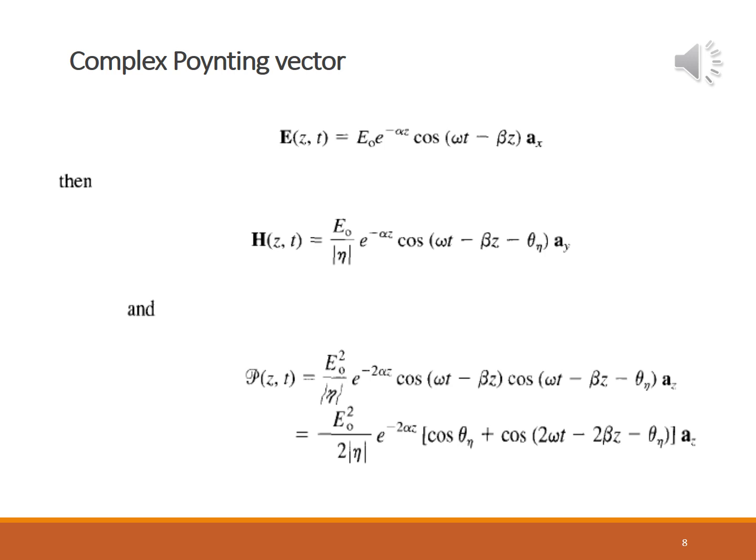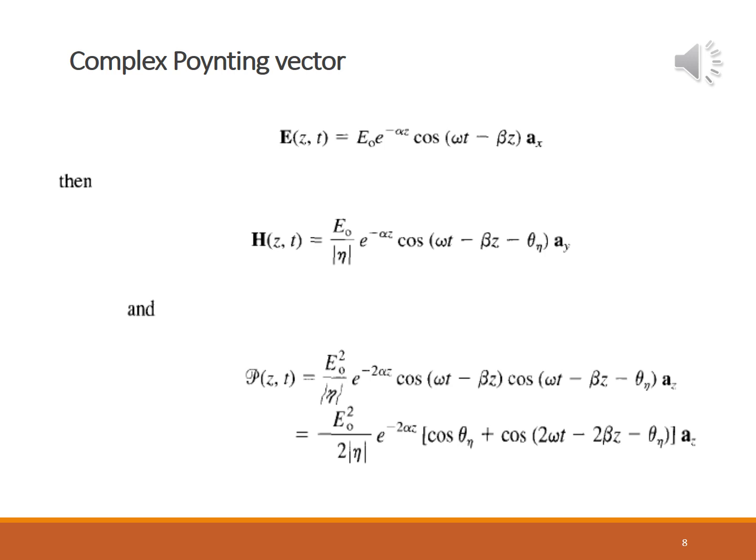Okay, and these three terms come under the basic concept of the complex Poynting vector. In order to derive these terms, we are starting with E of z,t. Why I write it as z,t is that the electric field is varying, plus the propagation is in the z direction. The wave propagation is in the z direction. Okay, that's why it's written as E of z,t.